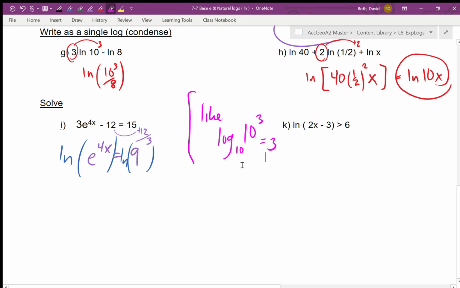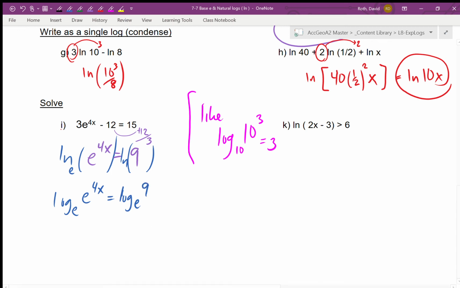As long as the base of the log and the base of the exponential are the same, they kind of cancel each other out. Natural log is log base e, and I'll rewrite it that way. I'll write log base e of e to the 4x power equals log base e of 9.